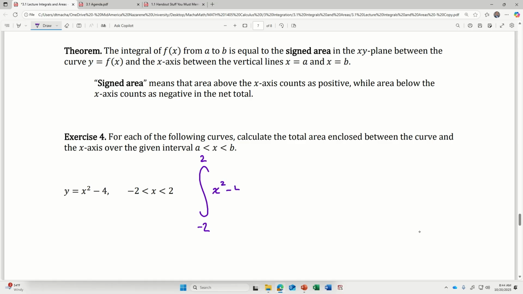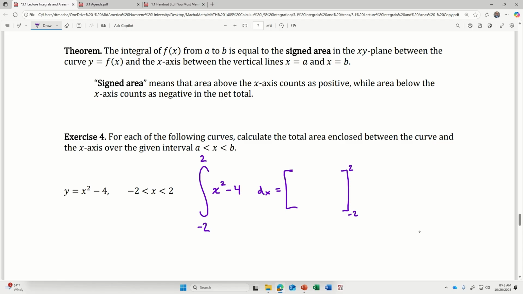My integrand is my curve function here. What goes inside the box is my antiderivative.